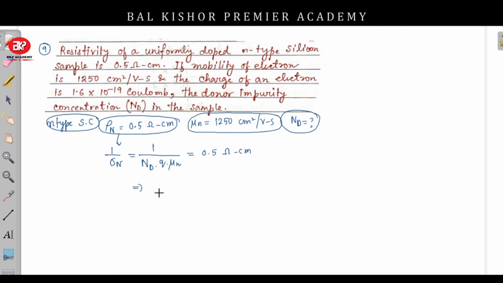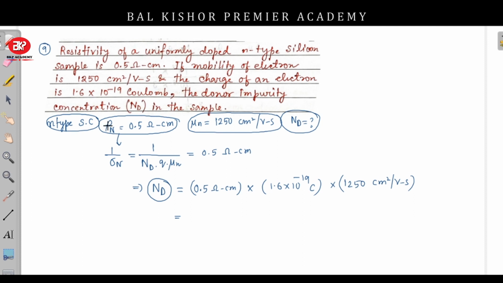So Nd will be equal to 0.5 ohm centimeter into the q value, that is 1.6 into 10 to the power minus 19 coulomb, into the mobility value, that is 1250 centimeter square per volt second. If we calculate this, we can find the value of Nd.